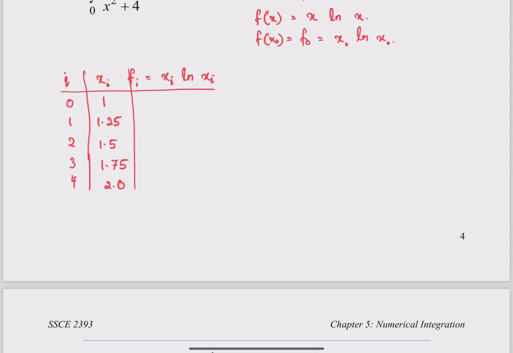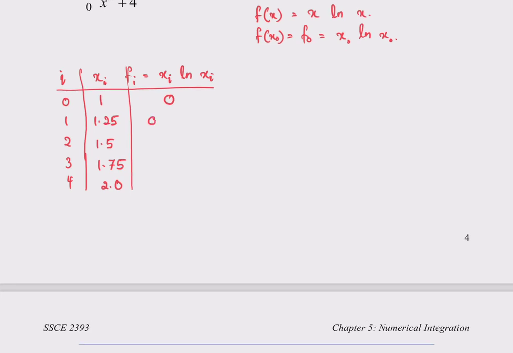And for your fi, you just need to use your calculator and substitute. Let's say your equation is y equal to x ln x, and then you just calculate. When x is equal to 1, of course you get 0, because ln 1 is 0. If you put x is 1.25, you will get 0.2789.